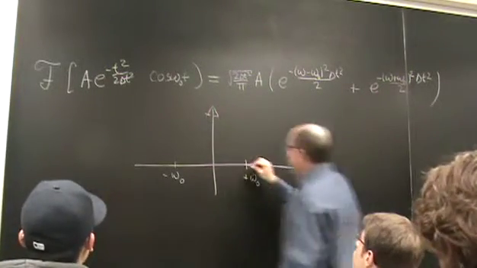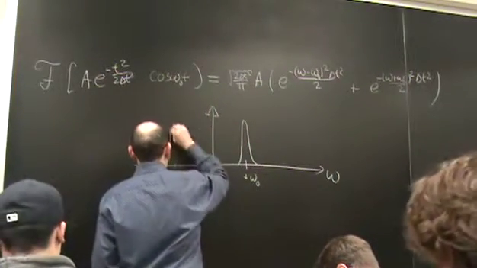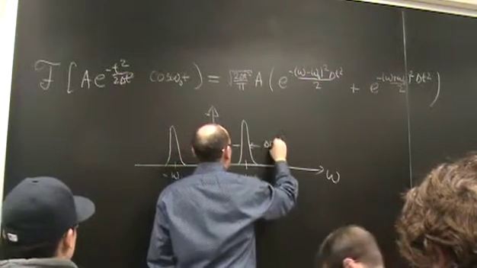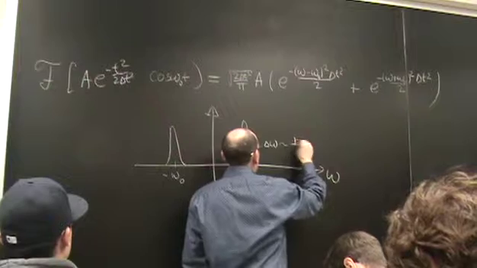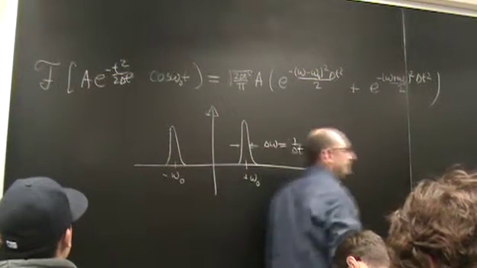So what I have here is two Gaussian peaks with delta omega that, in this case, is equal to 1 over delta t.